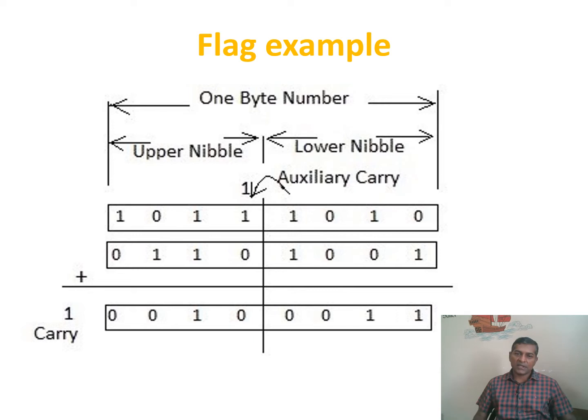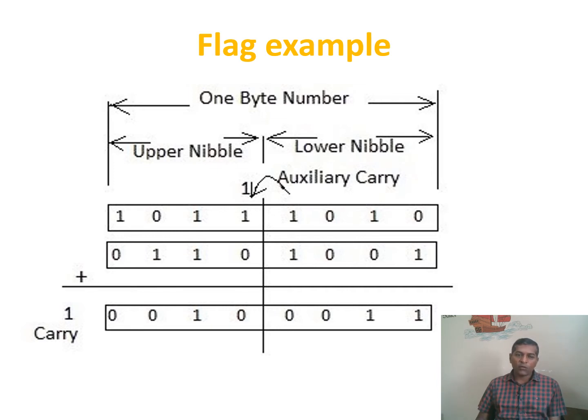Let's see, this is an 8-bit register. This is the lower nibble, bits 0, 1, 2 and 3. The first 4 bits are known as the lower nibble. The upper 4 bits are known as the upper nibble. This total is 8 bits, meaning 1 byte of information.